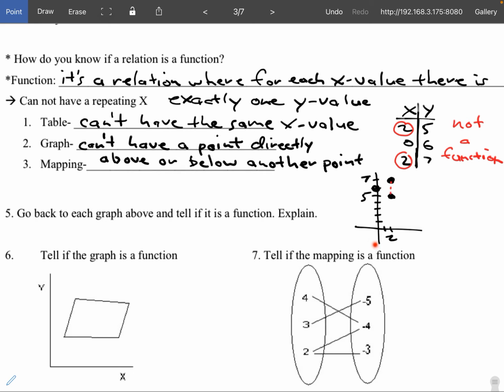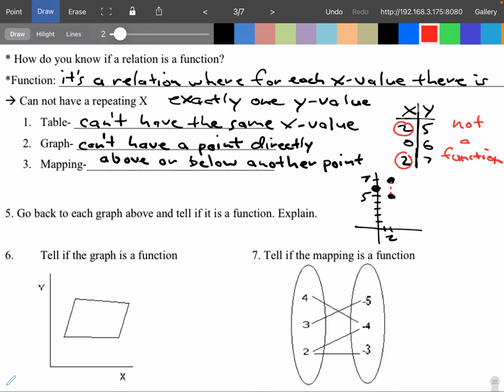So if that happens, then that's not a function. Again, we already knew that. Do you guys see that this table is the same as this graph? So we know that each of these representations is not a function.